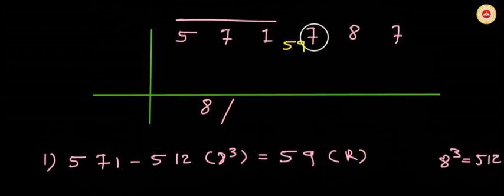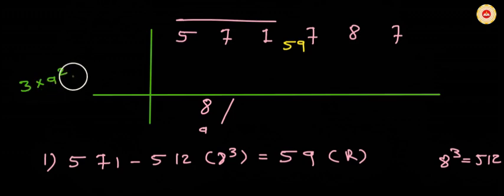Now friends, let us find the divisor. This is digit A. Let us name the digits in the cube root. Let us name the first digit as A. Now, how do we find the divisor? 3 multiplied by A squared. What is A?